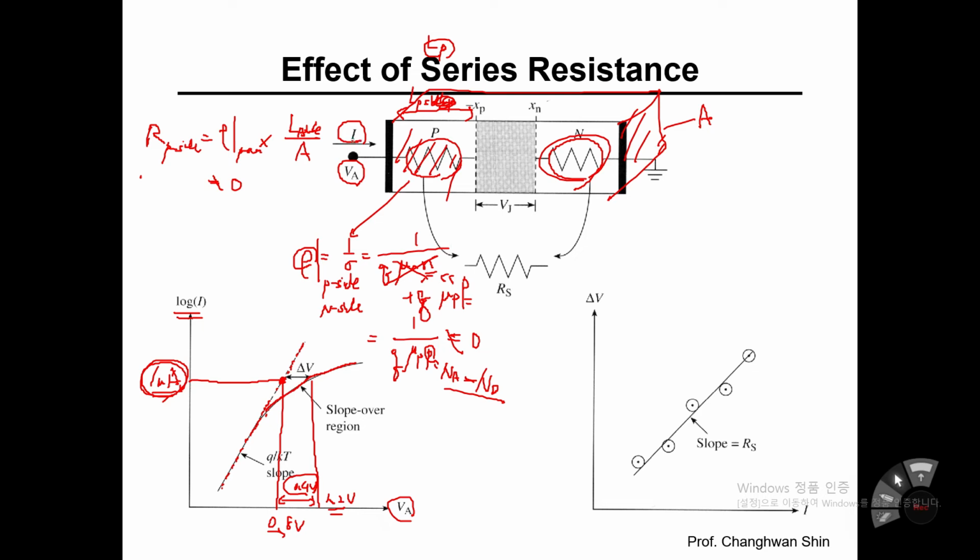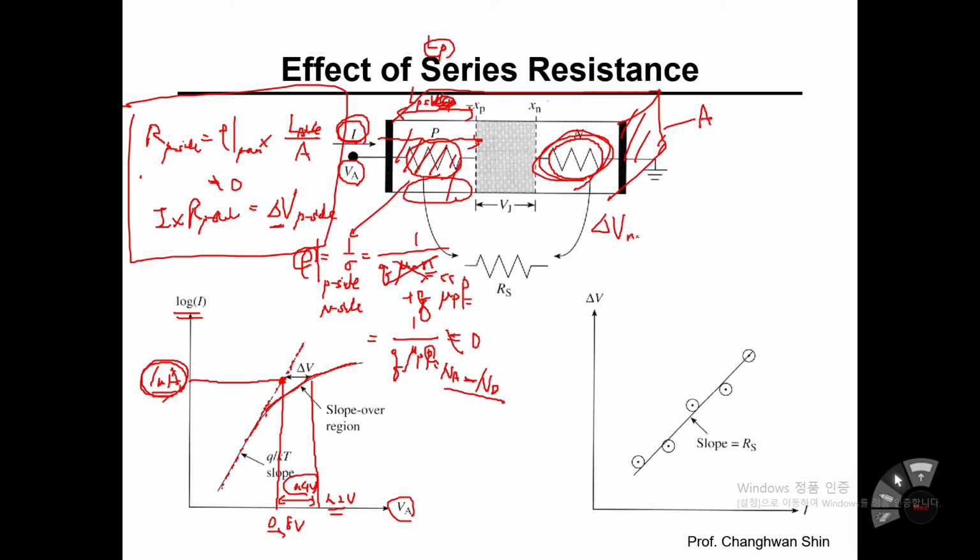So once a very high current is flowing across this p side quasi-neutral region, then I times R p side would become delta V, a certain amount of voltage drop. Okay, so delta V in the p side, and you can repeat these steps for the n side quasi-neutral region as well. Then you're going to get the delta V n side.